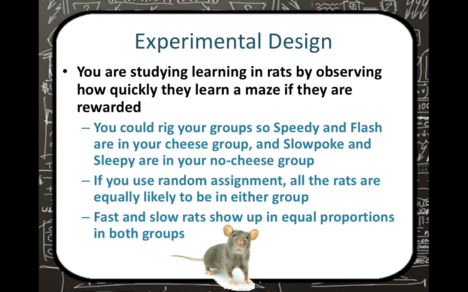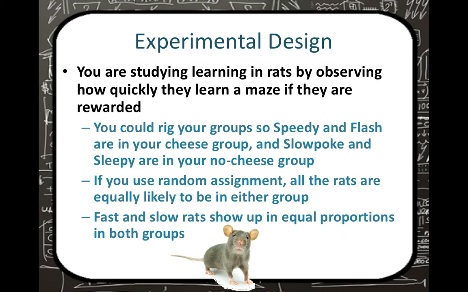We can't determine cause because the confounding variable there is the fast rats were in one group and the slow rats were in the other. So this is the whole point of random assignment. If we randomly assign them to groups, then all the rats are equally likely to be in either group. So all the fast rats are equally likely to be in the reward versus no reward group, and the slow rats are equally likely to be in the two groups.